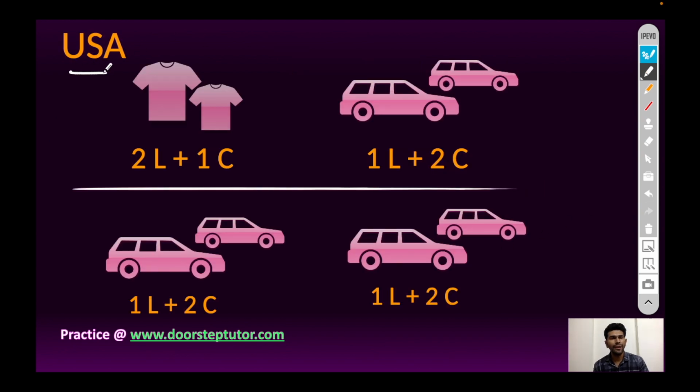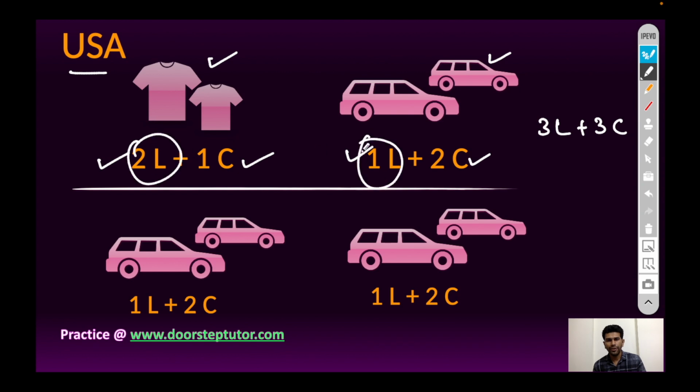Say for example, in USA, to produce one quantity of cloth, it requires two labor and one capital. If it produces a car, it requires one labor and two capital. So it has three labor and three capital. Total three labor and three capital are available.